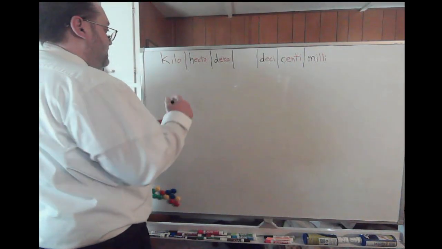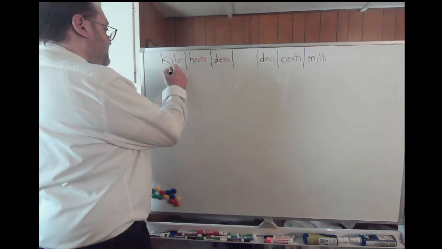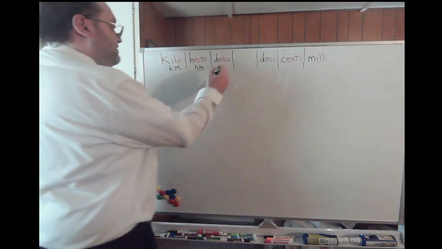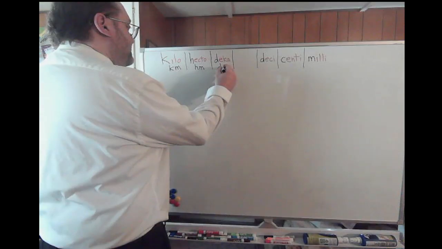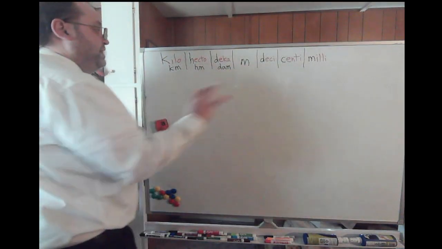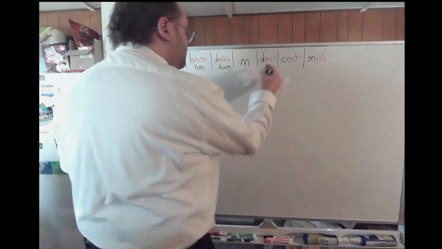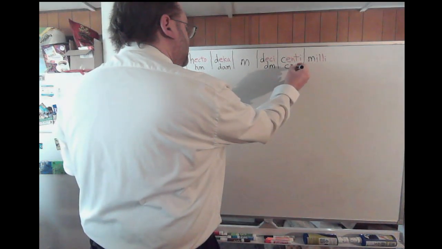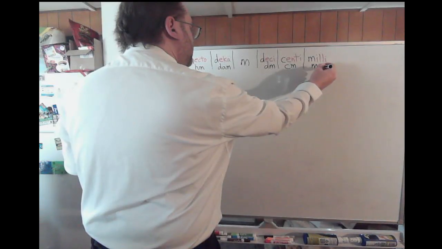So we have kilo, for kilometers, abbreviated km. We have hectometers, abbreviated hm. We have decameters, abbreviated dam. Then you have meters here as the base. There's no prefix for that. Then dm for decimeters, cm for centimeters, and mm for millimeters.